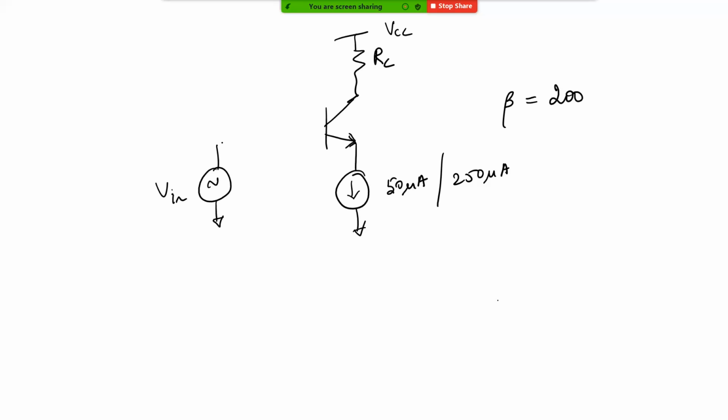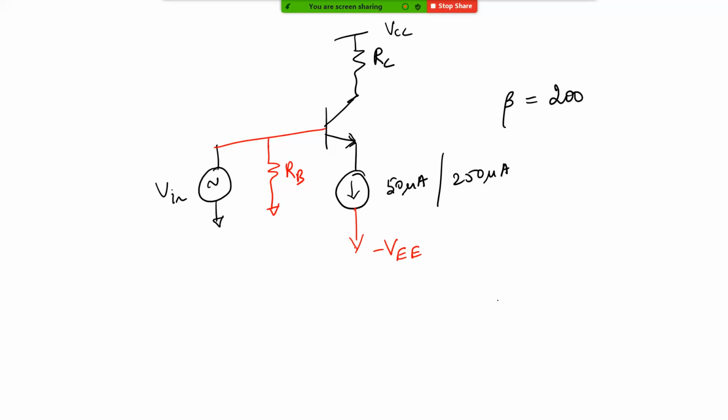One option is, let me give one option in red. Basically, instead of ground, I am going to connect it to minus VEE. And I will connect the input directly, and I will put some base resistance here. So then what happens is, this is not ground.